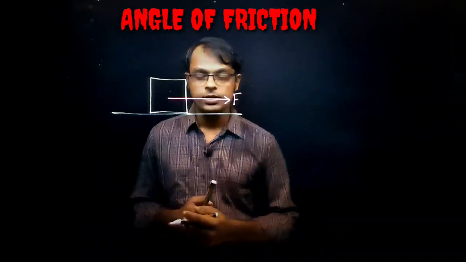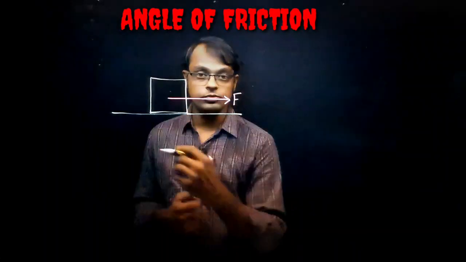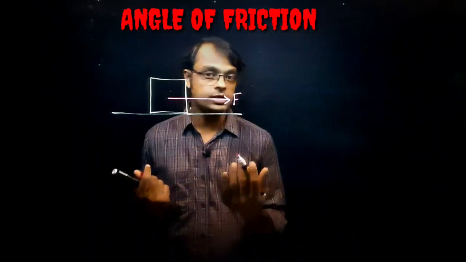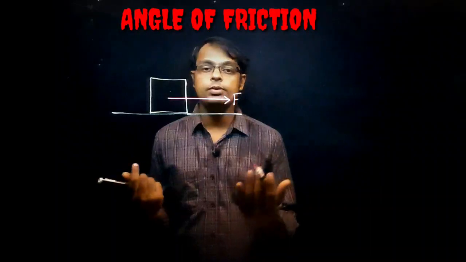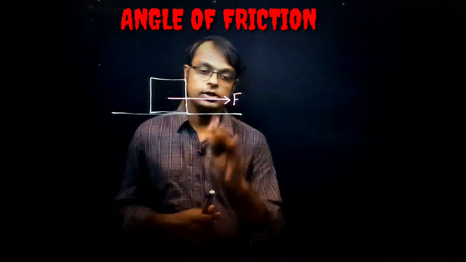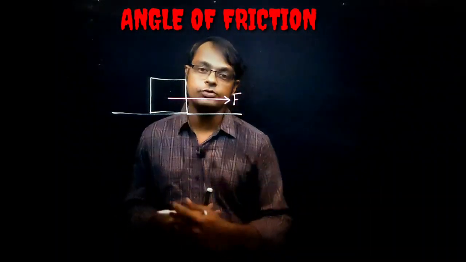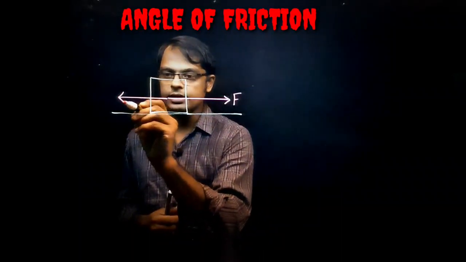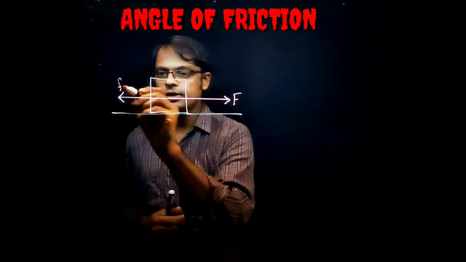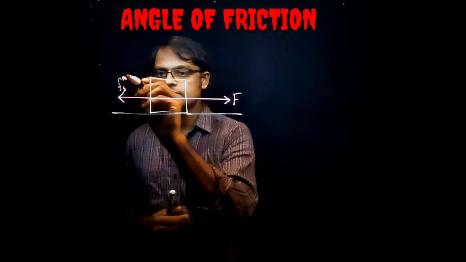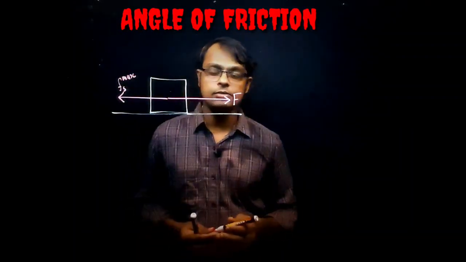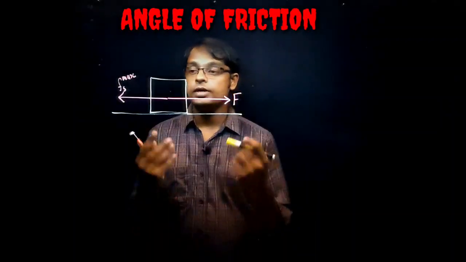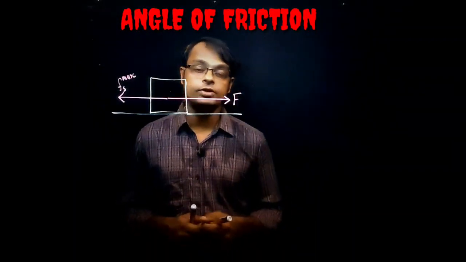That is called what? Friction. Which friction? If it is not in motion, static friction. If it has started in motion, it may be what? Kinetic friction. So in this case, just think this is the static friction. That means there is an opposing force acting, and that is said as Fs max. That means limiting friction, or we can say the maximum static friction.